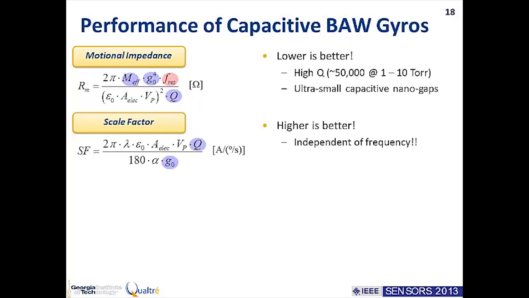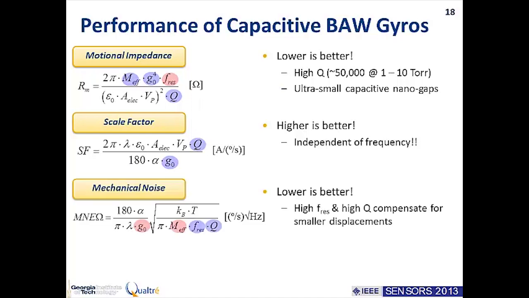So you're really not losing anything by going to a domain where you have much stiffer structures. And as a matter of fact, as we said, since we're reducing our gaps, our scale factor is actually improving, and we can get higher Qs with this type of structure, so we can get even better scale factor as compared with tuning fork.